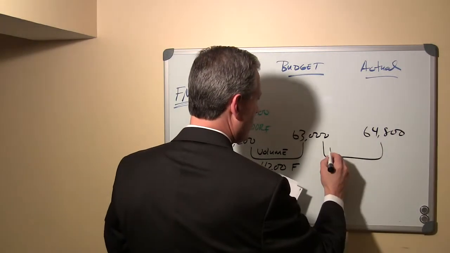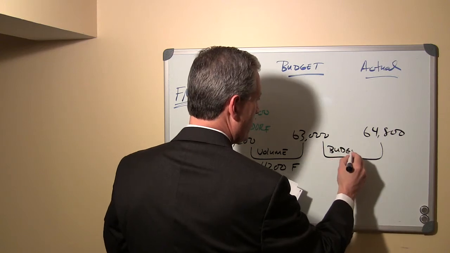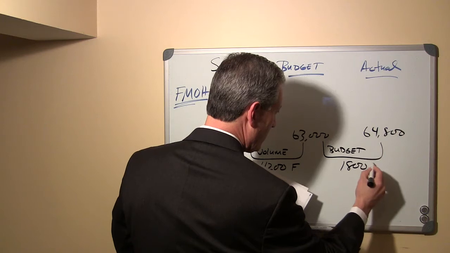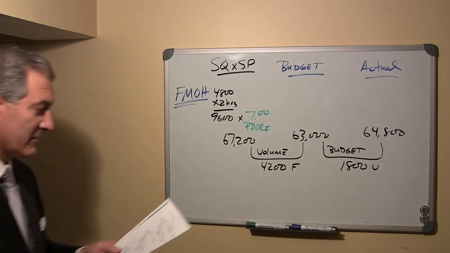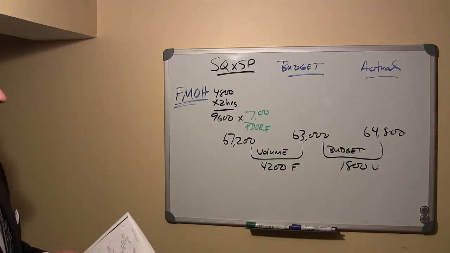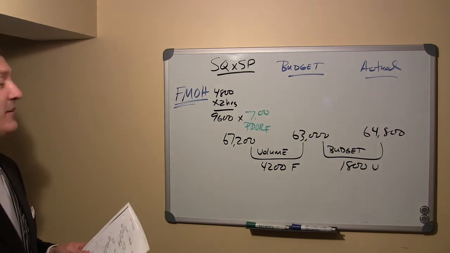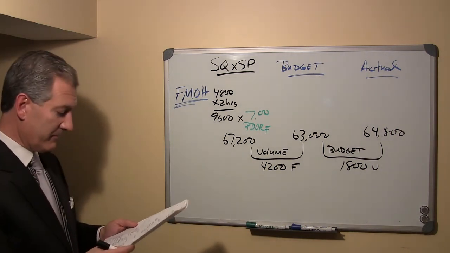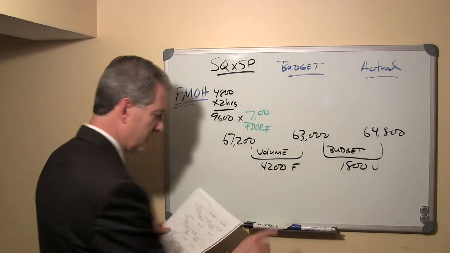Difference between these two numbers is our budget variance, and that number is $1,800 unfavorable variance. Those are the calculations of your 8 variances that we've talked about. Let's erase this.